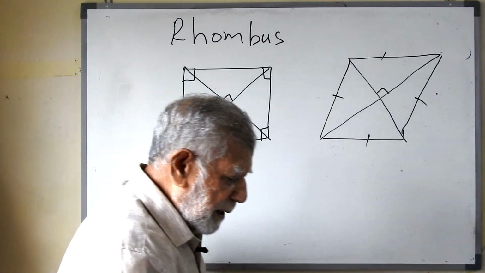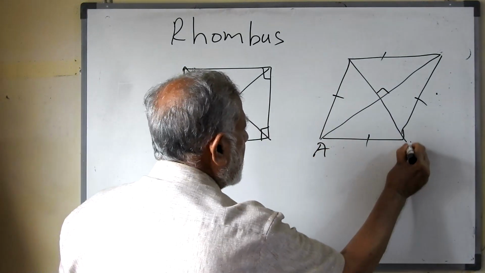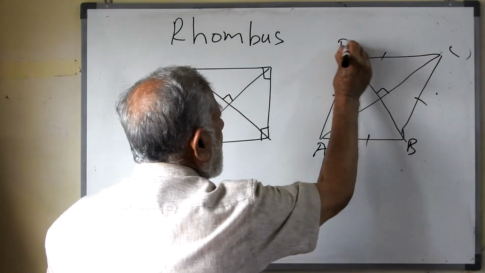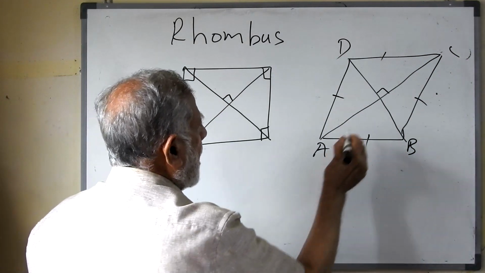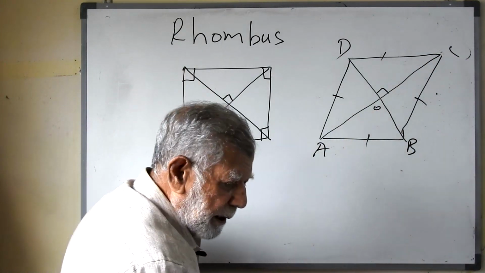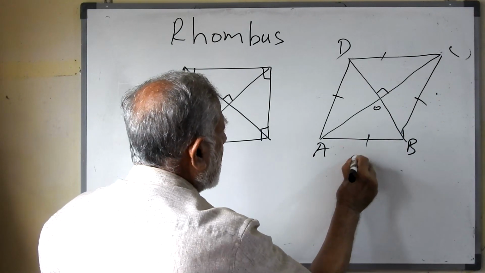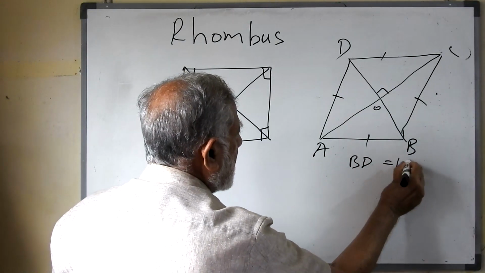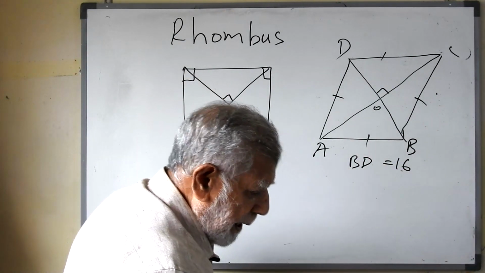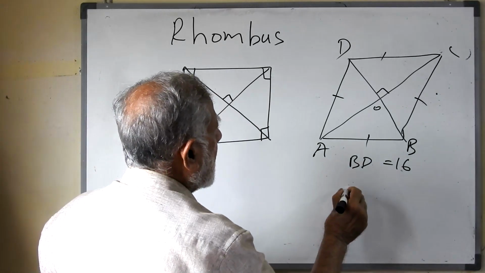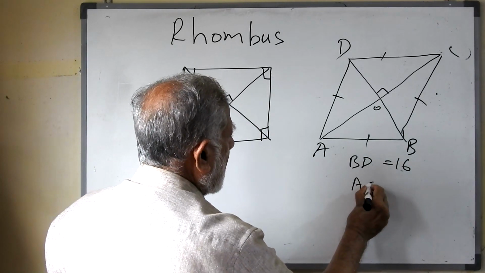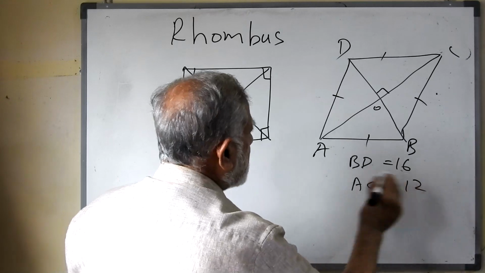And they have also given that, we call this ABCD, I will call the center O, and they are given that BD is equal to 16 and AC equals 12.